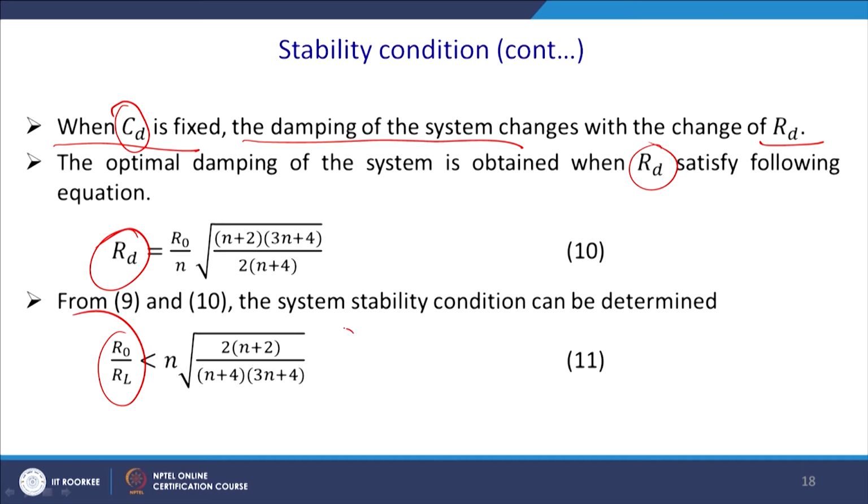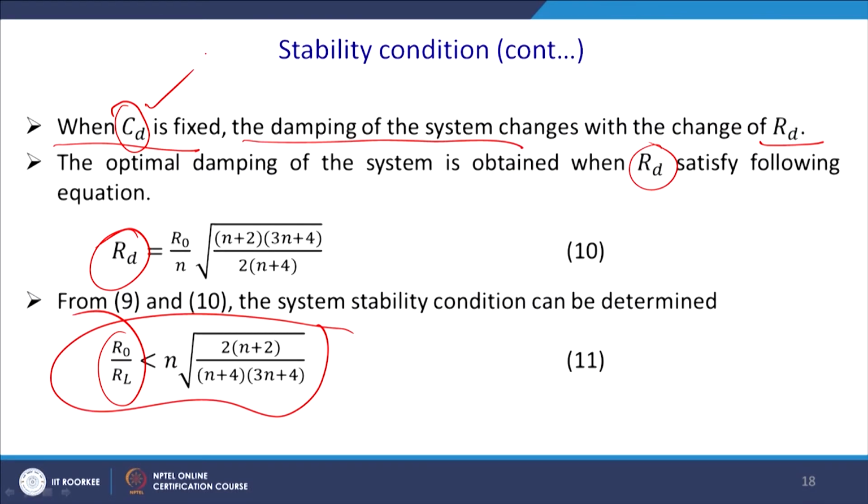These are the conditions while choosing, because you have chosen a filter based on the switching frequency. So, your values of L e and C e are fixed, and once you have fixed them and come across this relation, then you will fix the value of C d.